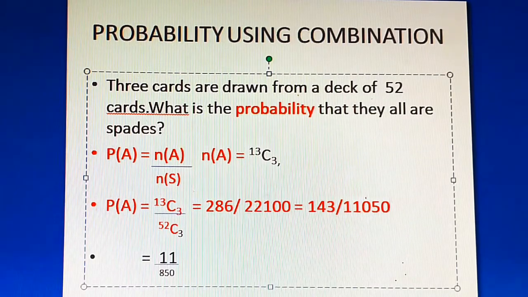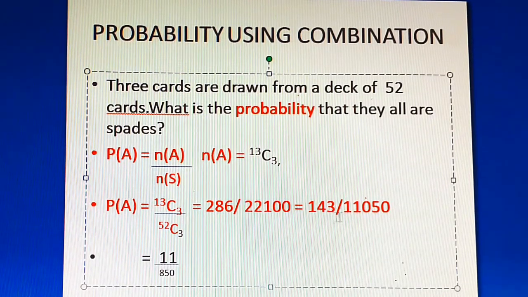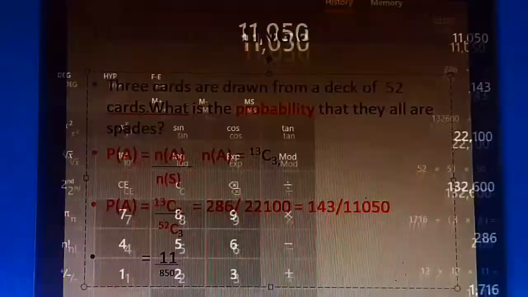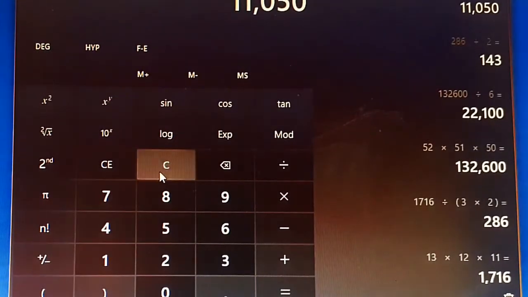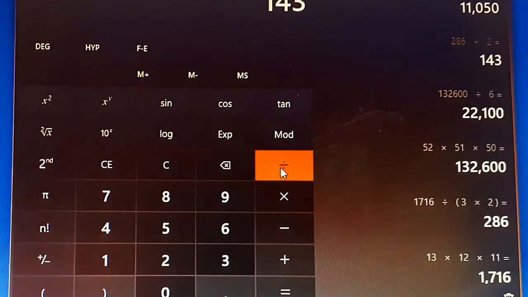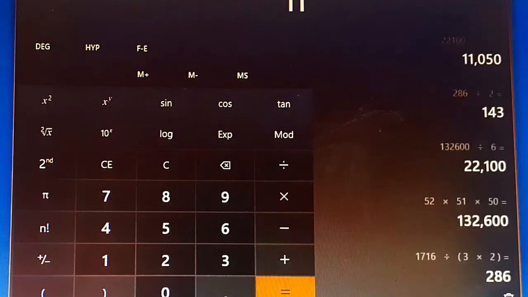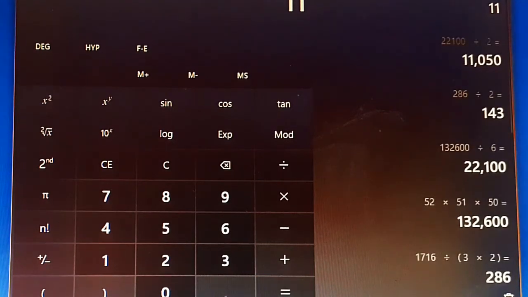Again, it should be divisible by a certain number, right? Correct, friends? So 143 divided by 13, you'll get 11.